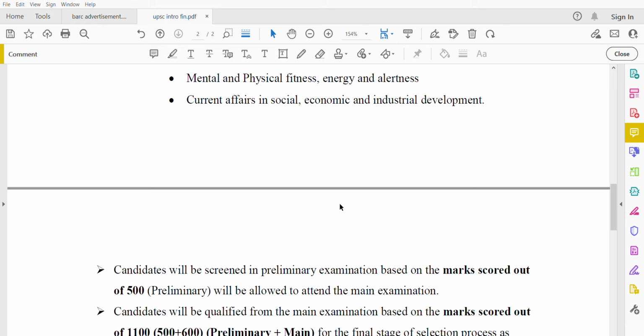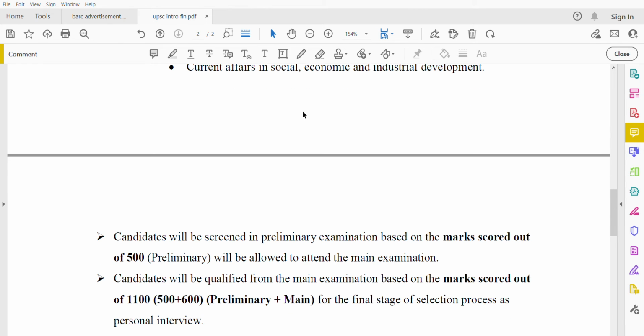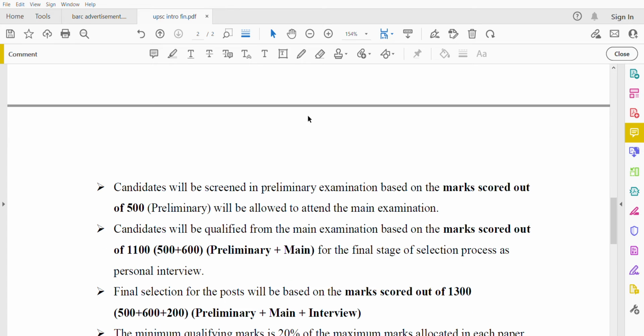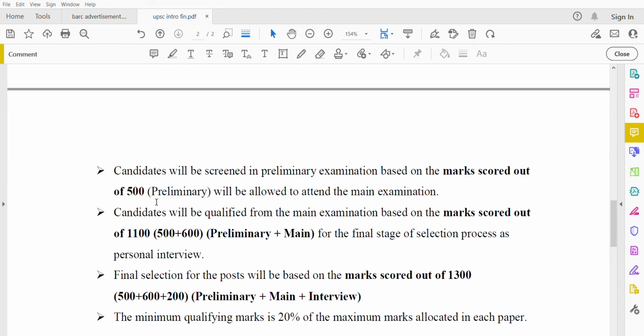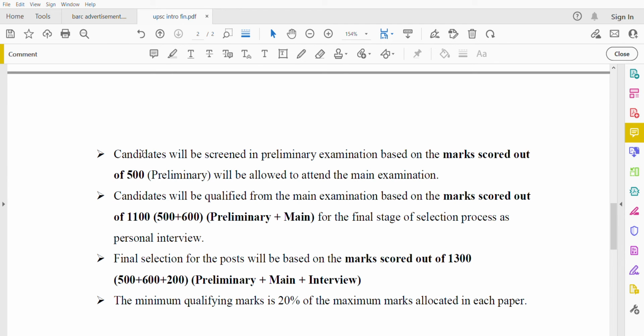Those who have been selected in the final stage of interview will be posted as engineers in the departments. Here the main points: candidates will be screened in the preliminary examination based on the marks scored out of 500, and will be allowed to attend the main examination.